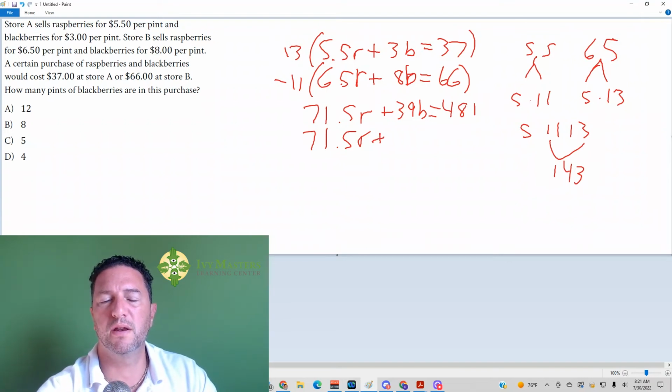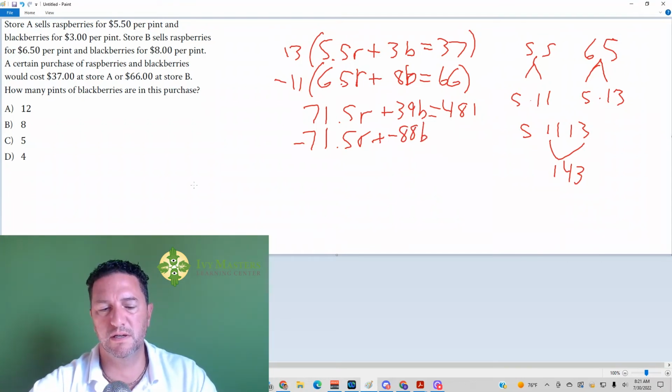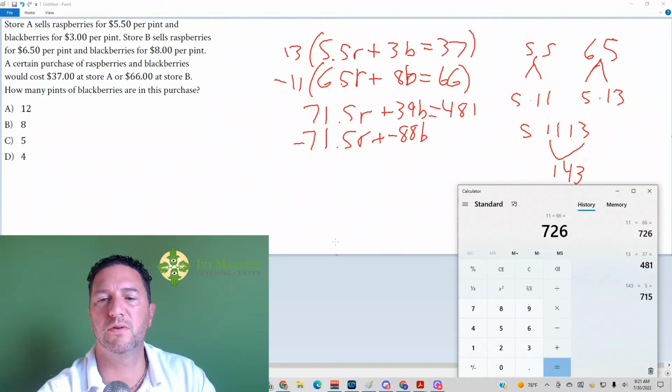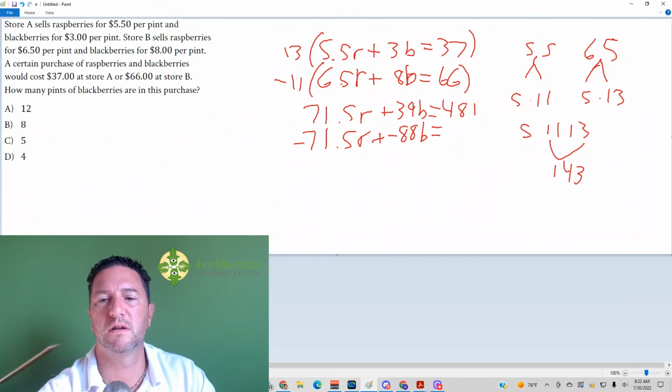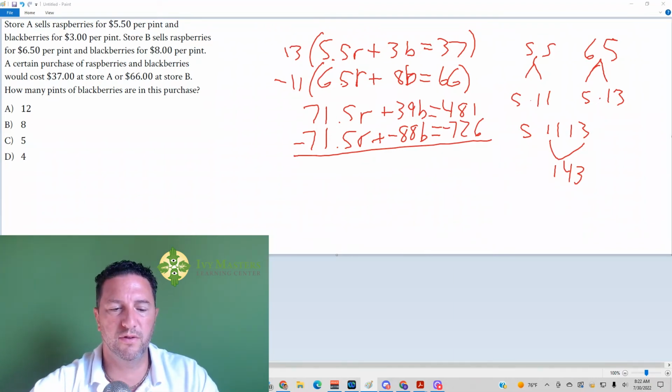Plus, if we do negative 11 times b, we get negative 88b. And then negative 11 times 66, we'll throw that in the calculator as well. That gives us negative 726.